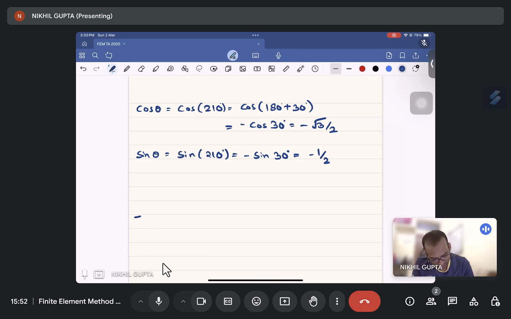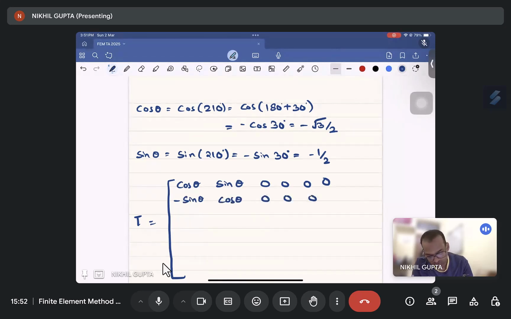So the transformation matrix generalized for 6 cross 6, what will we write? It will be cos theta, sin theta, then 4 zeros, because now we have a moment as well, meaning rotation, as a DOF as well. So this is minus sin theta, this is cos theta, and 4 zeros. And as we know, the degree of freedom of rotation does not change as per the rotation transformation, so it will give you 1 here.